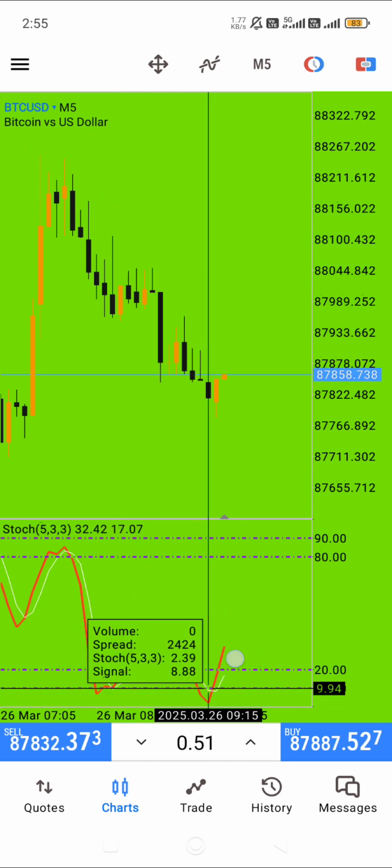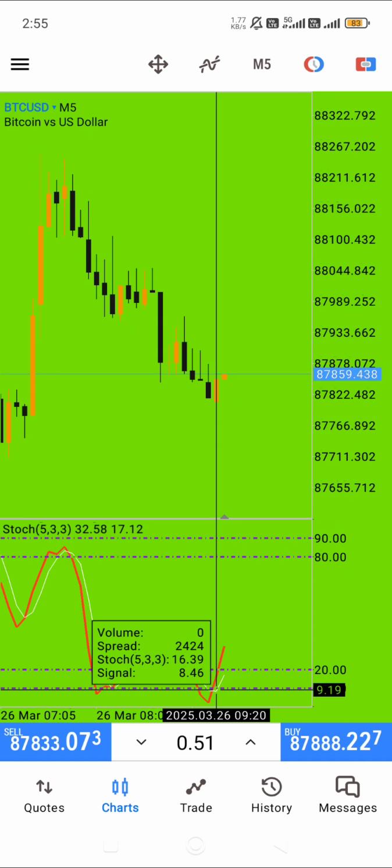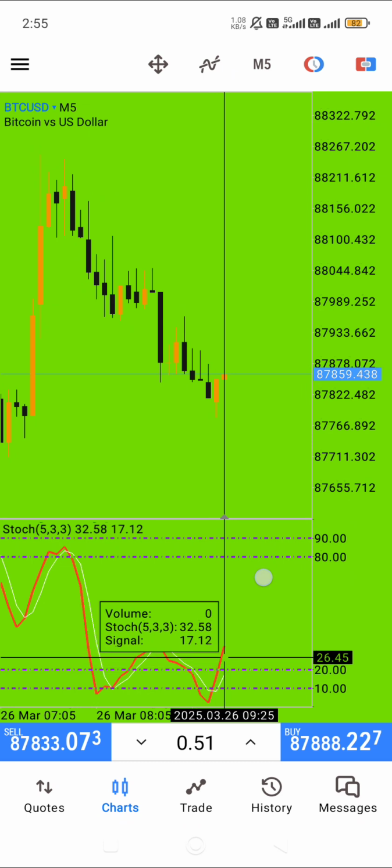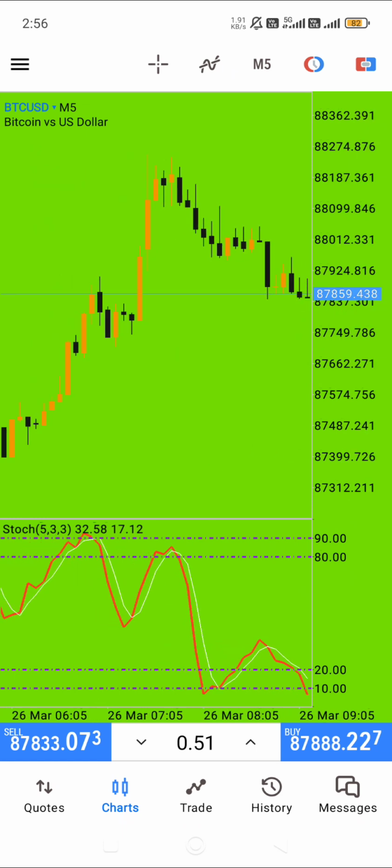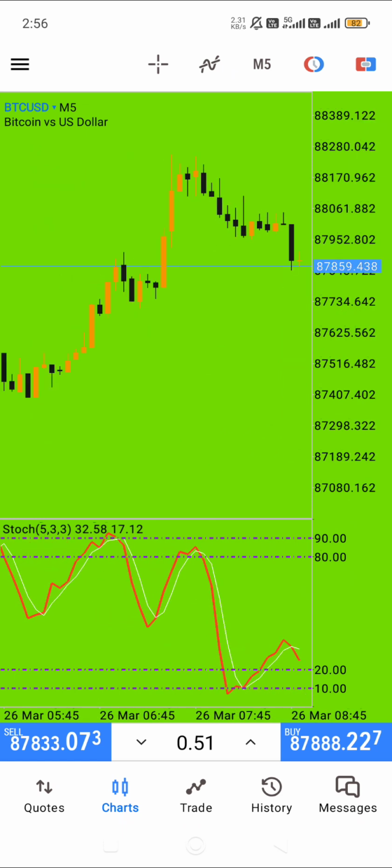When both lines touch 10 and 20, then it will go upside like that. Wait for confirmation. When the 10 and 20 level crosses both lines and goes above 20, then you can trade on the buy side. You can carry a little bit of points, then close the trade.